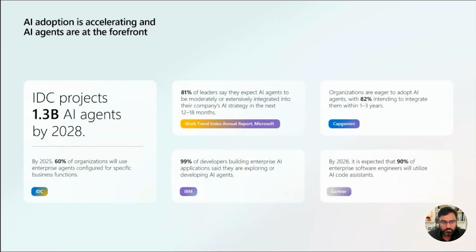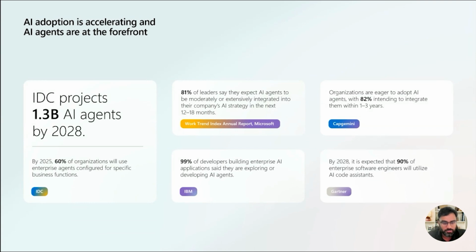Let's dive in. Just some metrics up here: 81% say they expect agents to be moderately or extensively integrated into their company's AI strategy in the next 12 to 18 months. By 2025, around 60% are trying to incorporate enterprise agents to automate specific business functionalities.